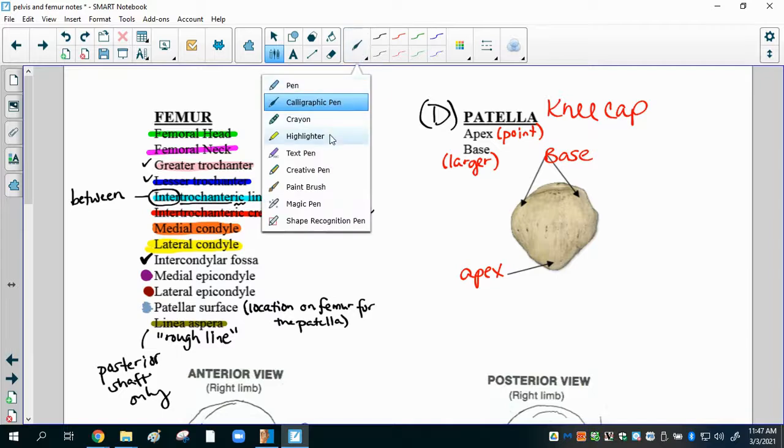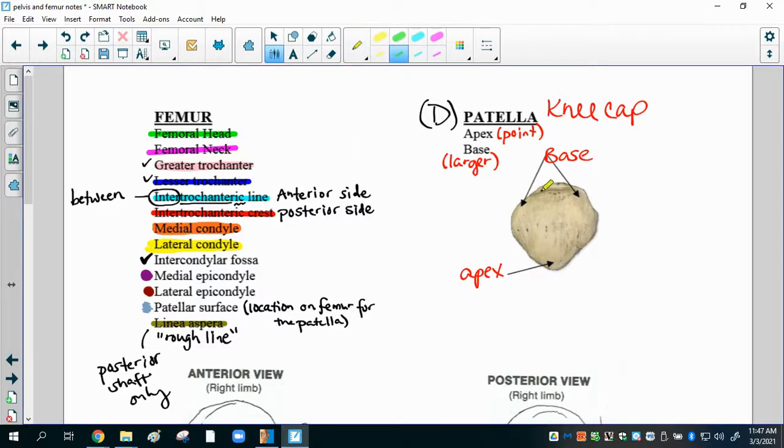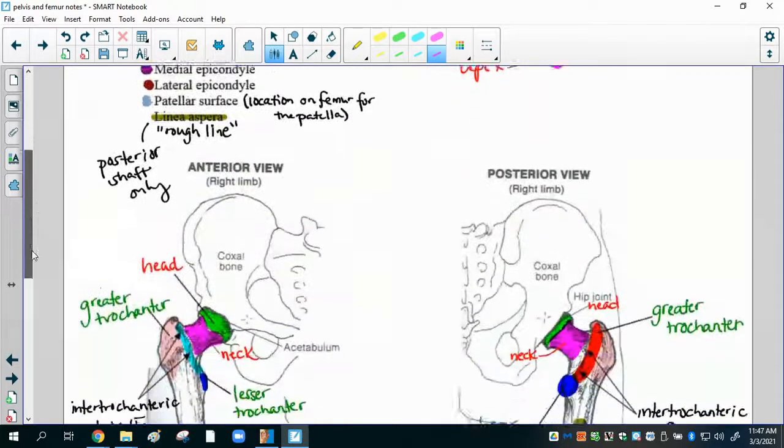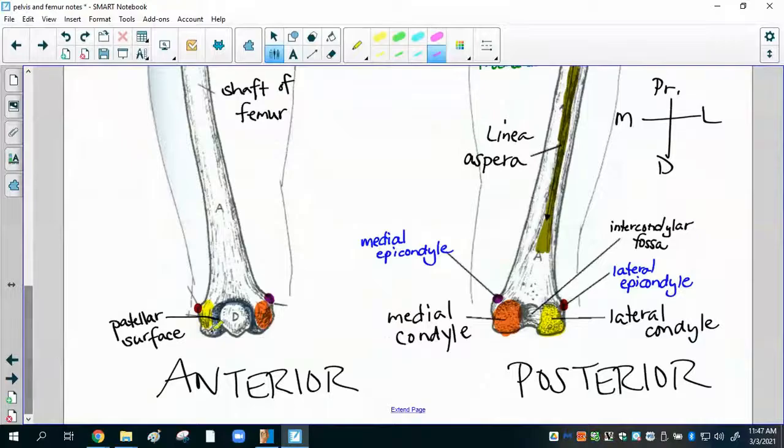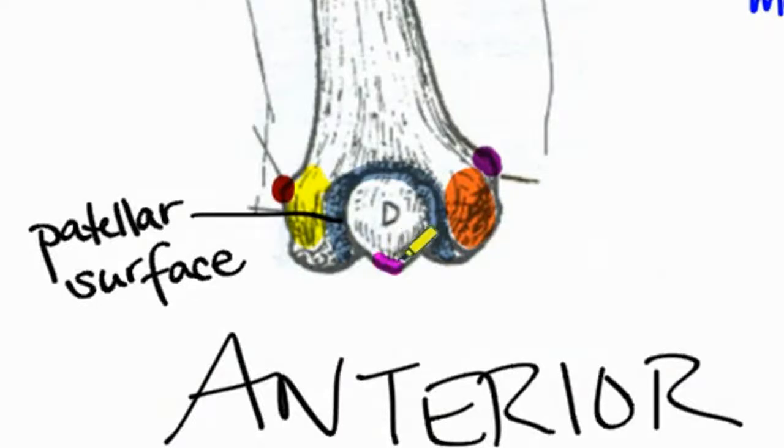So I'm just going to color code those two differently so you can kind of see. This upper section is the base, the larger area, and then this lower pointed part is the apex. So let's look at that in place and we can see that again. See, the bottom of the kneecap is quite pointed.